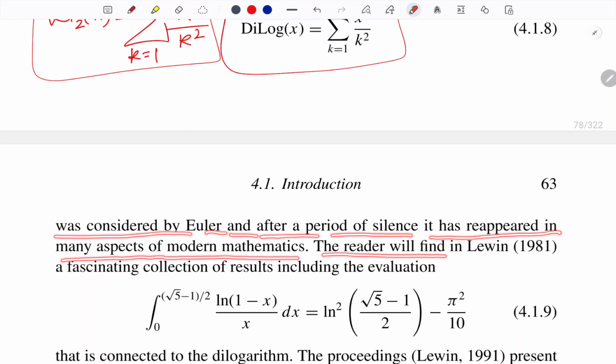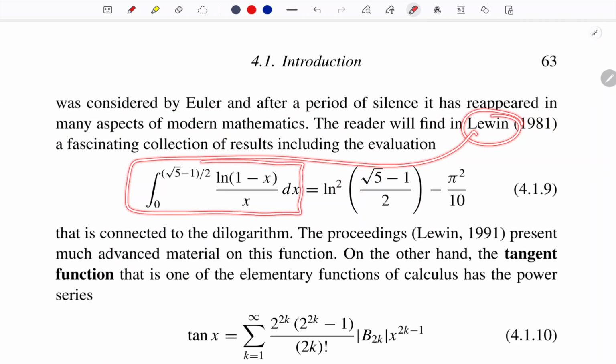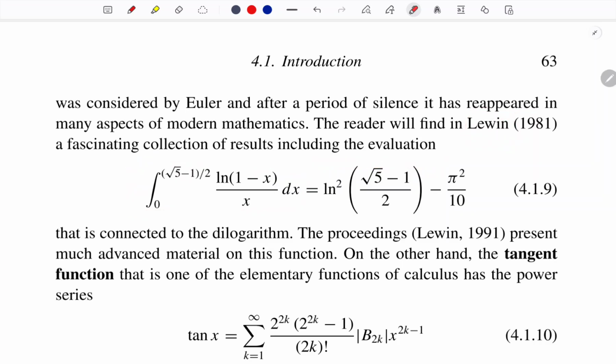The reader will find in Lewin, 1981, a fascinating collection of results, including the evaluation of an integral like this, with the popular function ln of 1 minus x over x, represented by ln squared of the square root of 5 minus 1 over 2.